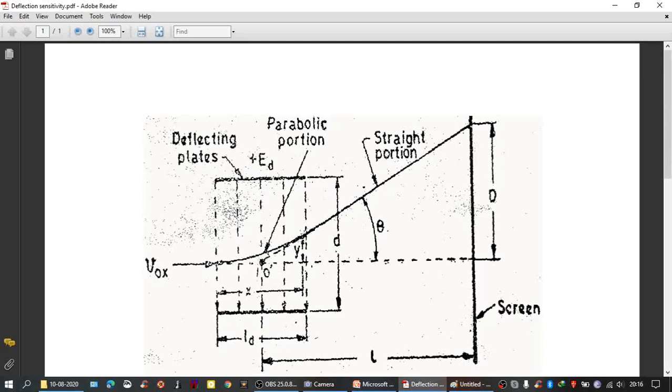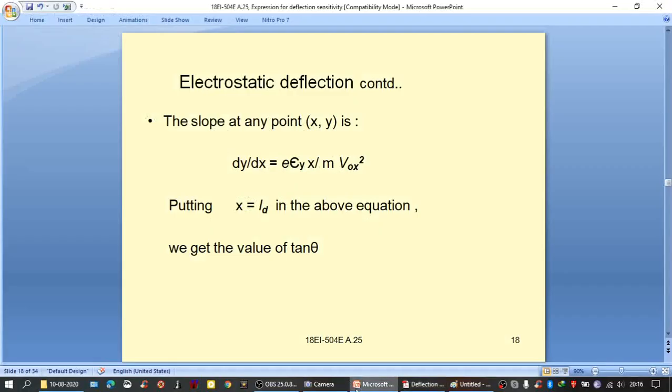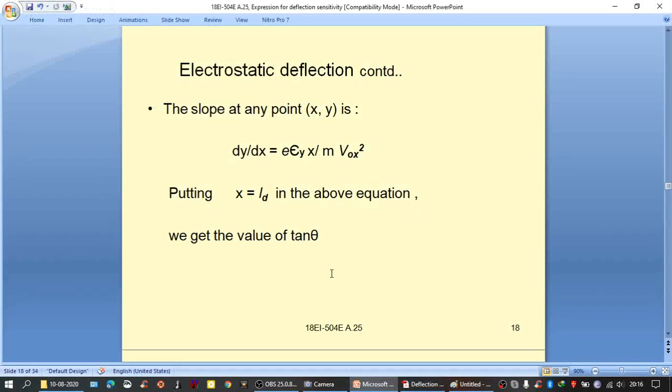So we know the general expression for the slope of this parabola. Now by applying the value of x as LD, exactly at the point of leaving the vertical deflection plate assembly, we get the value of tan theta.